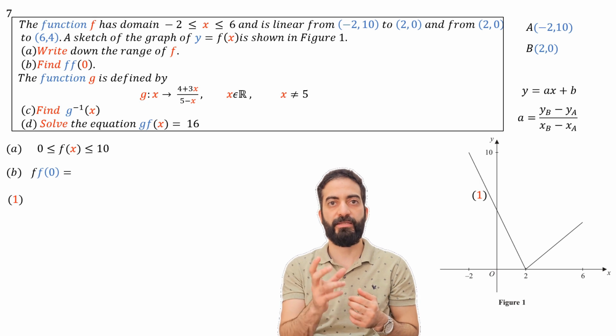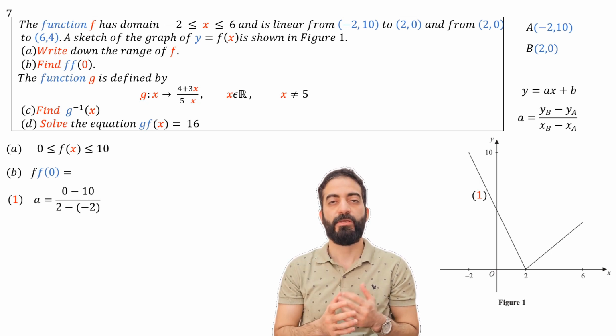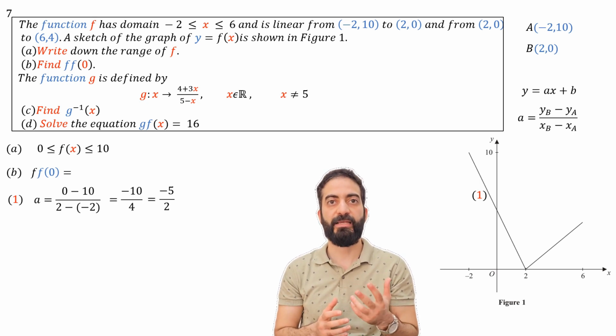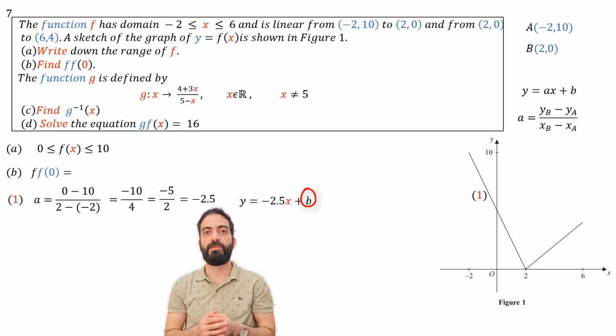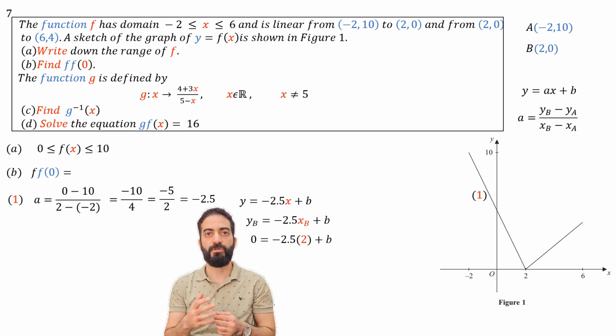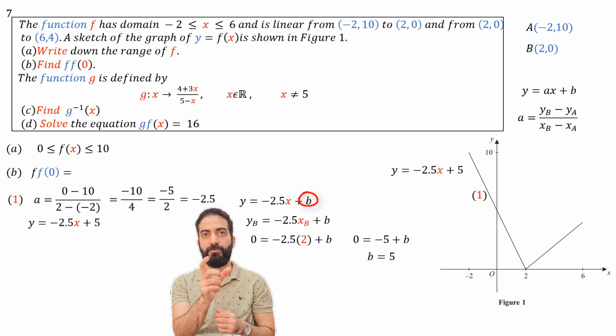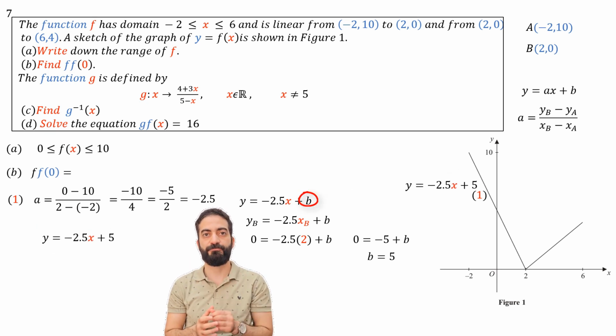First, we can get a through this rule. So we get that a equals -2.5. Also, we can obtain b using any point on this line. I will use the point B. So we obtain that b equals 5. Now we put their values here, and finally we obtain the equation of this line.